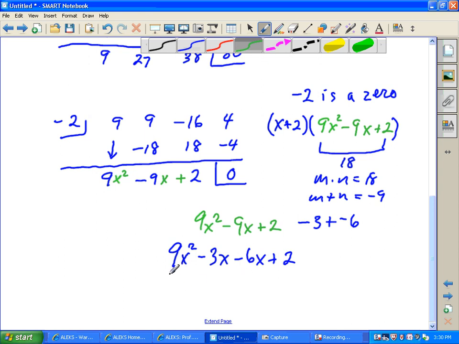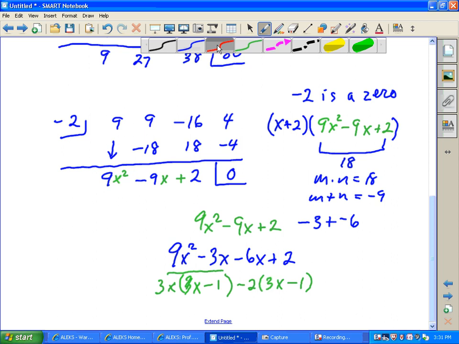All right, and having done that, I'm going to factor by grouping. I can pull out a 3x here. Let me fix that. Pull out a 3x, leaves me with a 3x minus 1. I can pull out a negative 2. Also leaves me with a 3x minus 1.